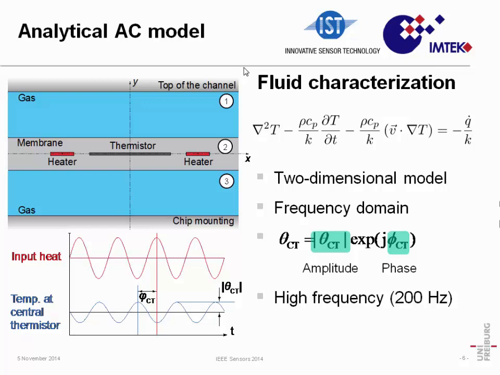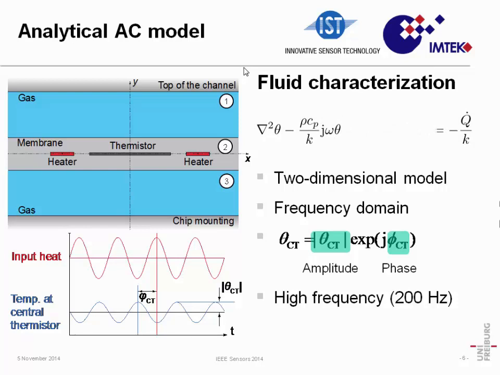So we start with the heat transfer equation, which includes a diffusion term, a capacity term, and also a convective term. But as I said, by increasing the frequency to a certain value, we could get rid of the effect of the velocity. That's why we get rid of this term.